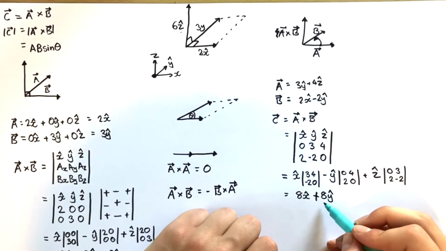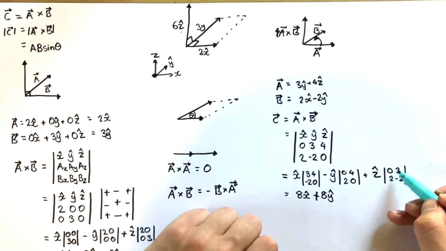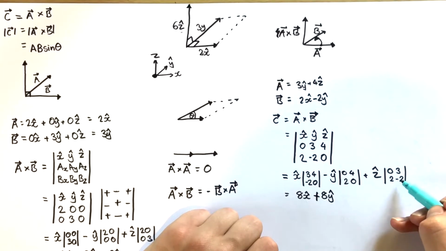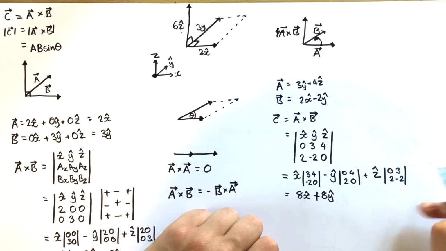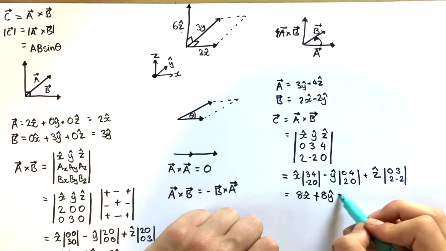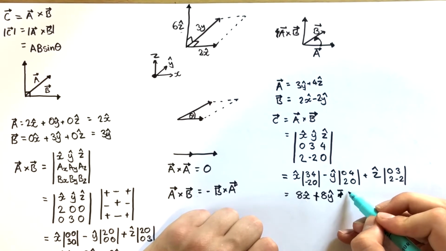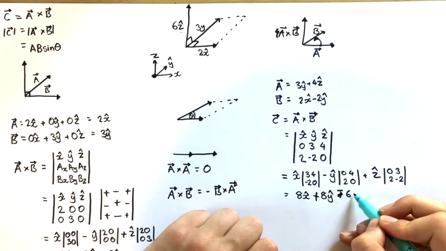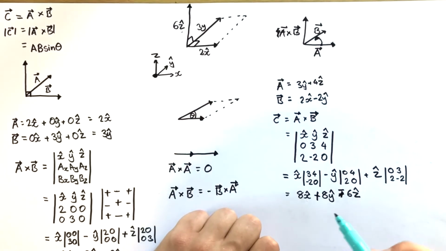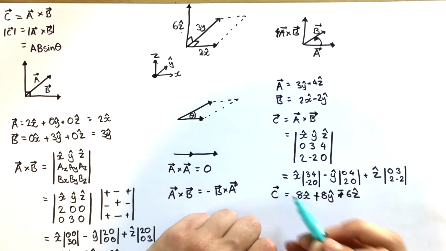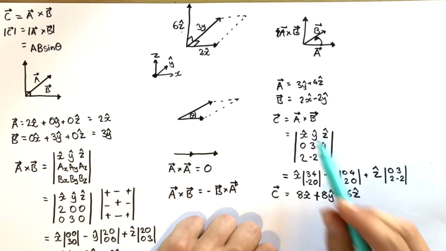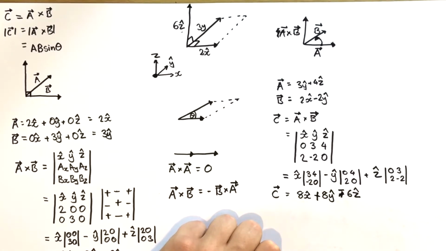And what about the z hat? Well, 0 times minus 2 is 0, minus 6, and that's not going to cancel. So that's minus 6 in the z hat direction, and that is the cross product between A and B.